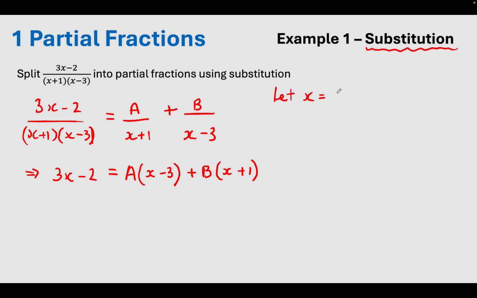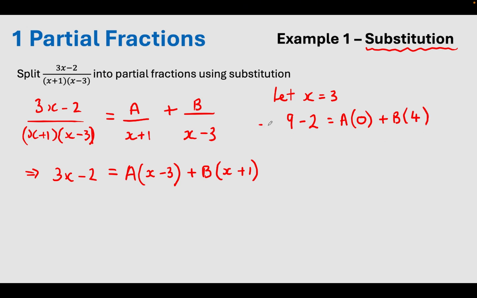So for this one, let x equal 3. When I put 3 in, I get 9 minus 2, so that's the 3x minus 2 on that side, equals a times 0 plus b times 4.